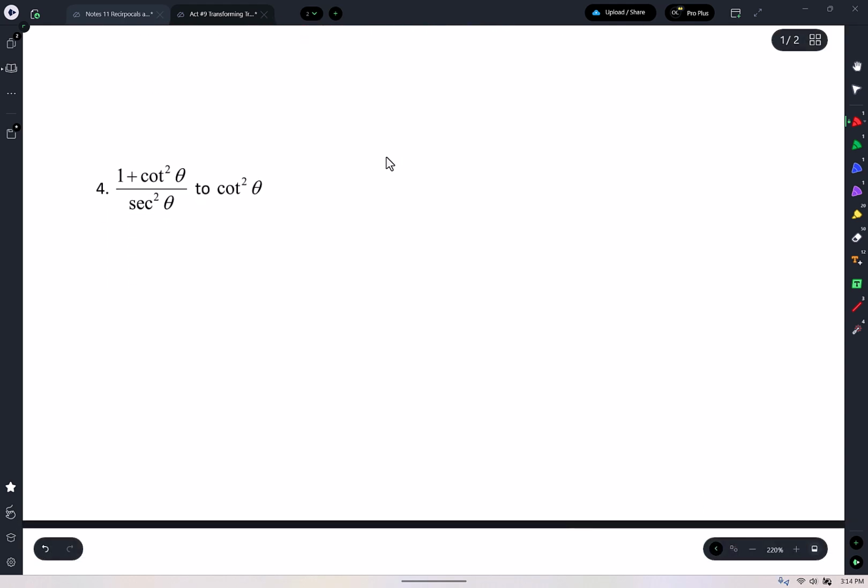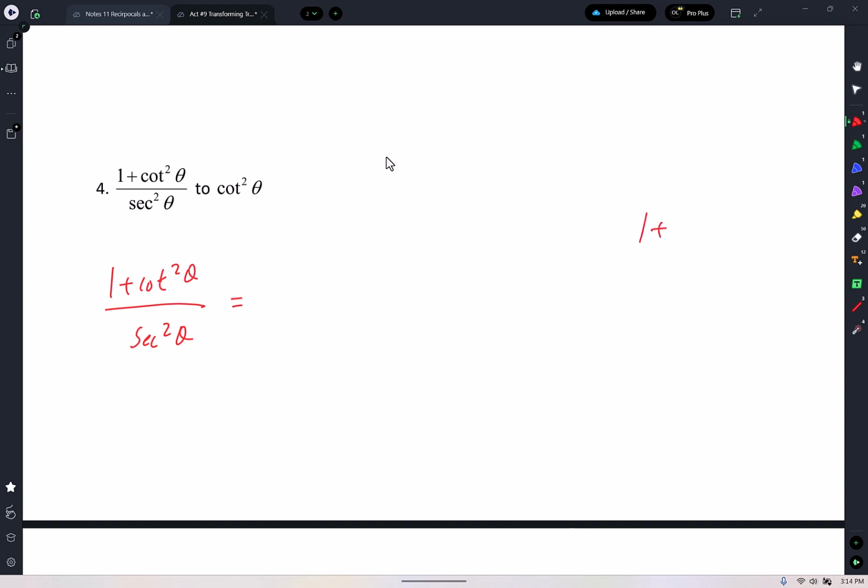So you write out 1 plus cotangent squared theta over secant squared theta equals. Wait, oh my gosh, I was looking at question 4, sorry.